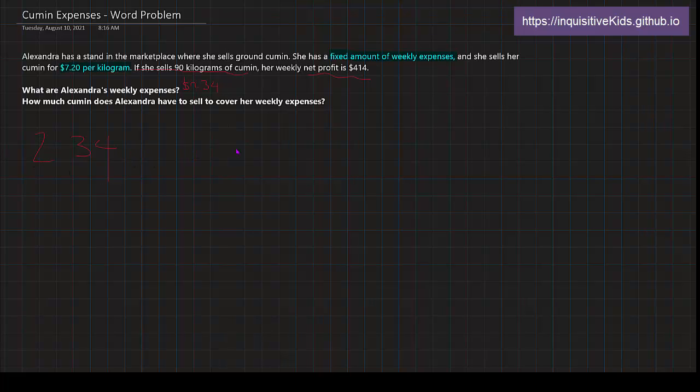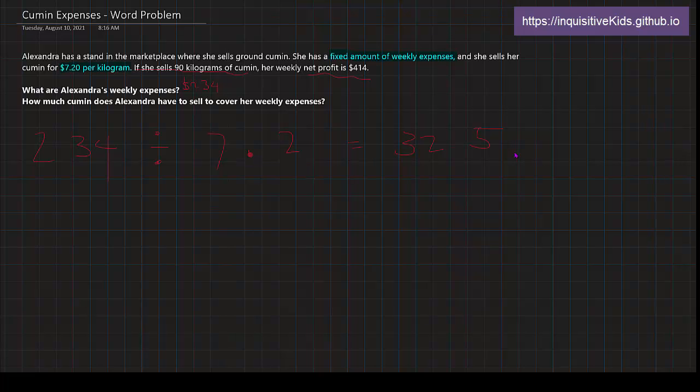So what we're going to do is we're going to go 234 divided by 7.2, and then that would be how much cumin in kilograms she would have to sell in order to cover this expense. So quickly do the math, and then the answer you will get should be 32.5.